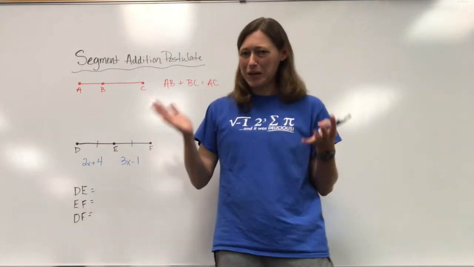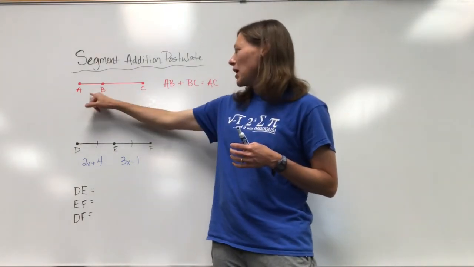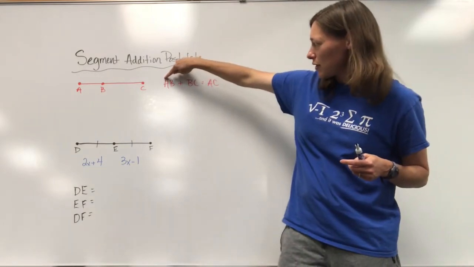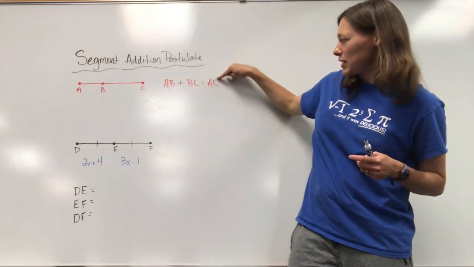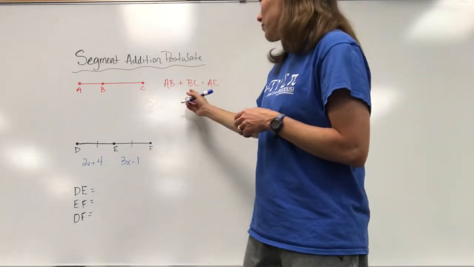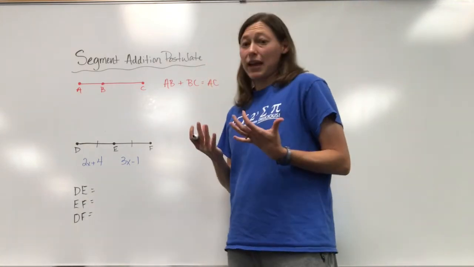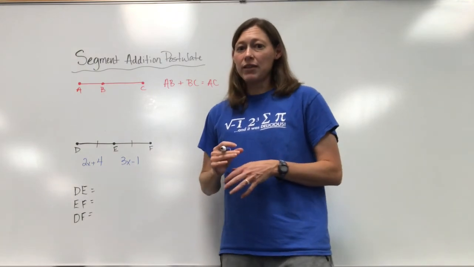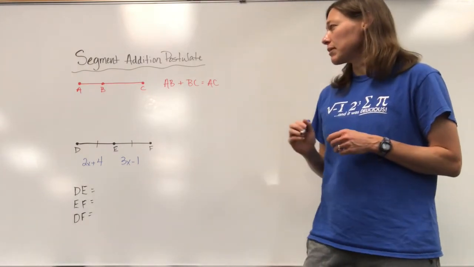That's kind of just common sense. But notice here that there is not a bar above these, and when you don't put a bar above, that just means you're talking about the length. You're talking about a number instead of the actual segment itself.